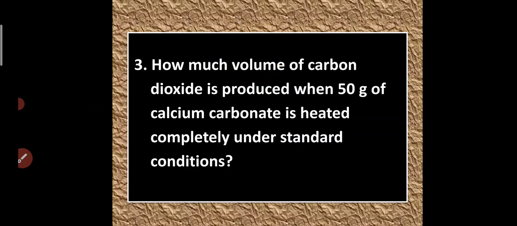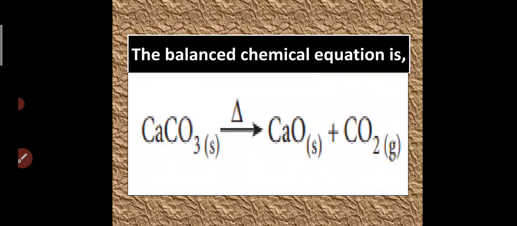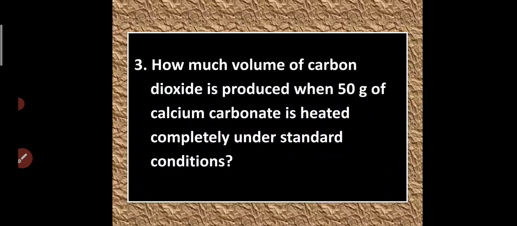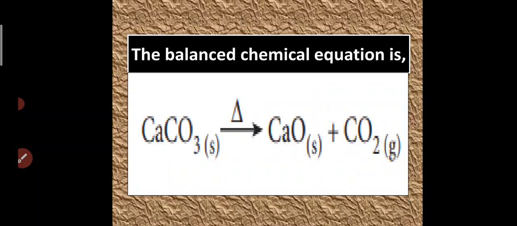So carbon dioxide is the first half of the question. In this equation carbon dioxide is only 1, CO2. We also need to know what the standard conditions are that we studied. When 50 gram of calcium carbonate should be on the right hand side, already how much calcium carbonate is in the equation, that should be in the denominator. So this is the balanced chemical equation.